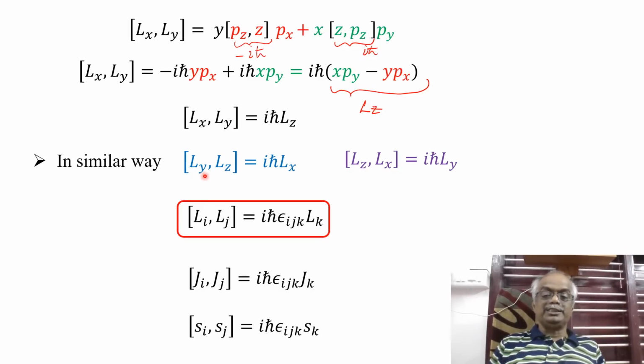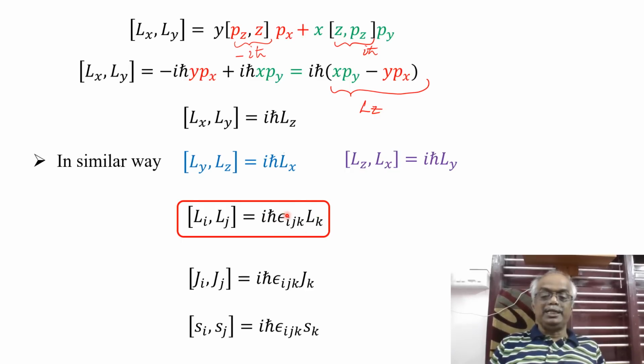If it is not cyclic, say for example zy, yx or xz, then instead of plus iħ, you will get minus iħ. So this can be written generally as [Li, Lj] is equal to iħ epsilon ijk Lk.